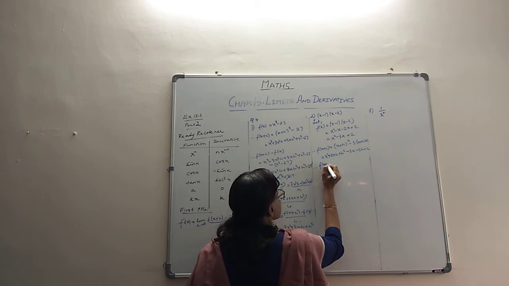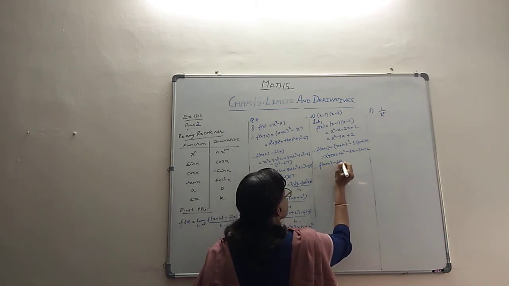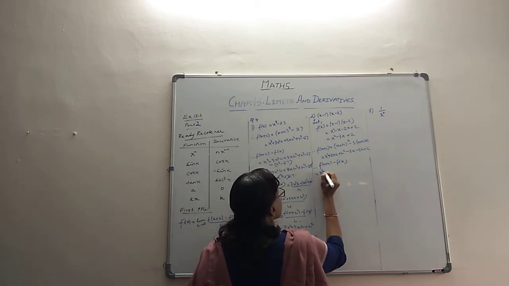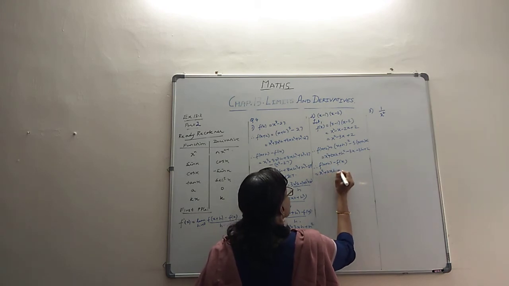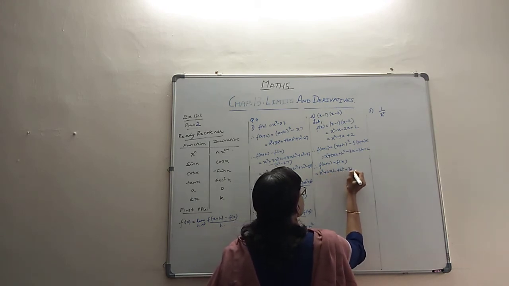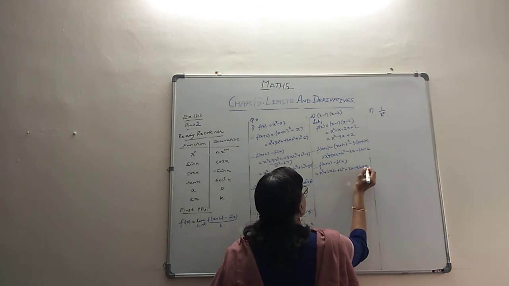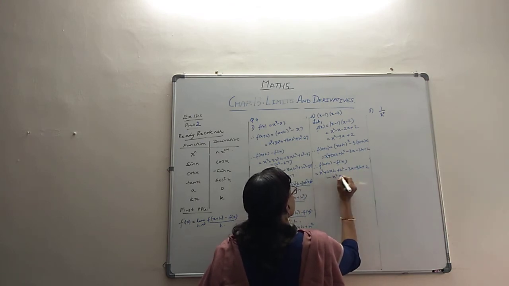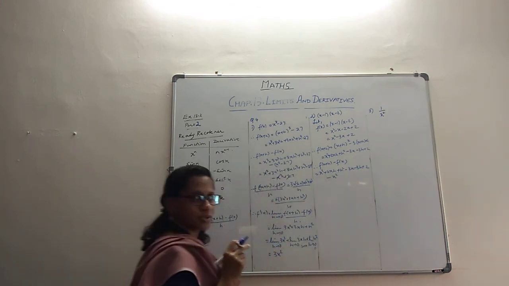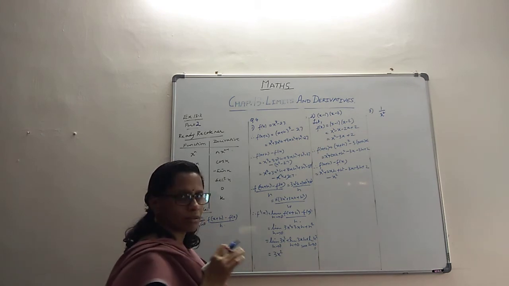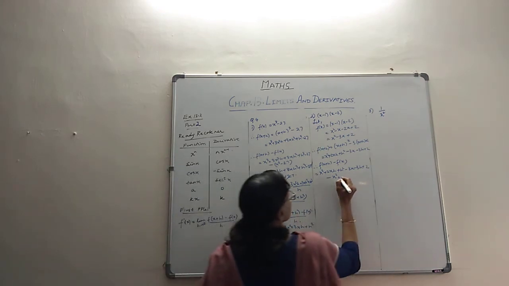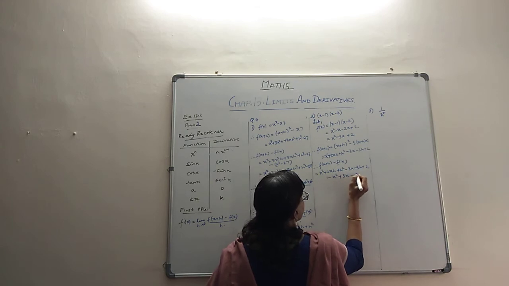Let's take the difference. F of x plus h minus f of x. So that is x squared plus 2xh plus h squared minus 3x minus 3h plus 2 minus x squared, plus 3x minus 2.